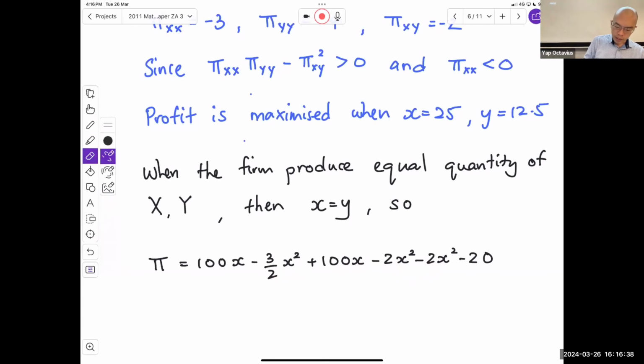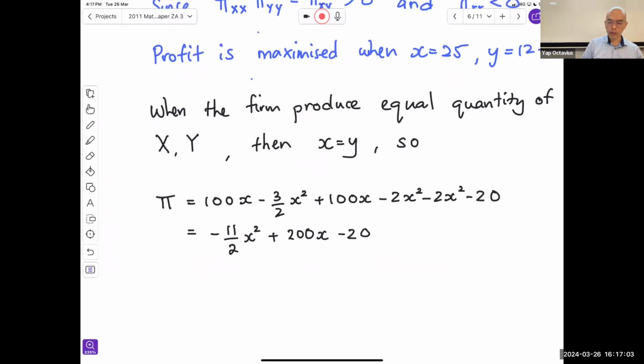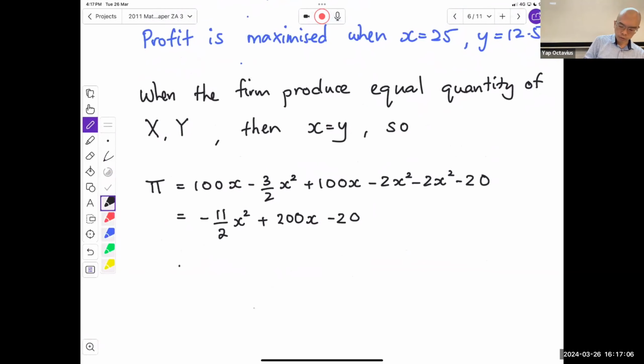Okay, simplify. So you should get negative 5.5 x square. Okay. So let's differentiate and set to 0.